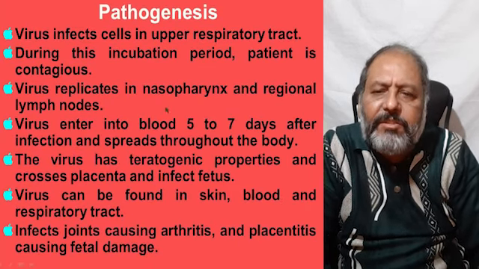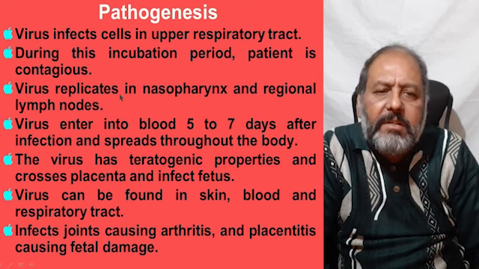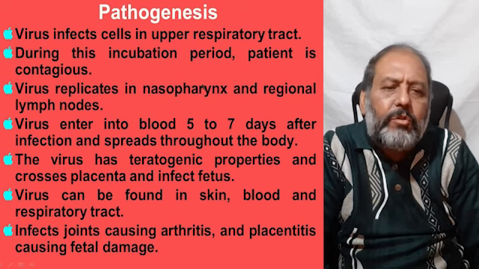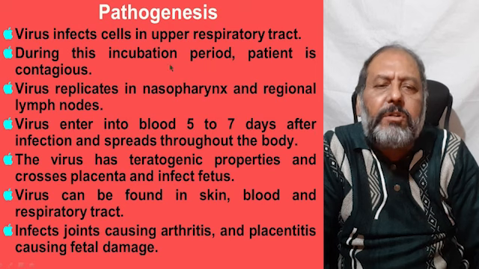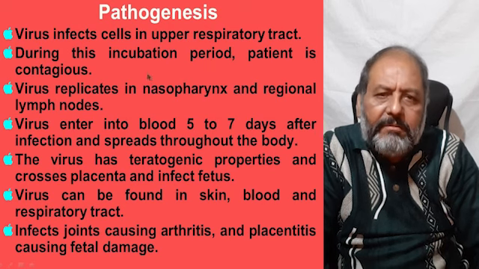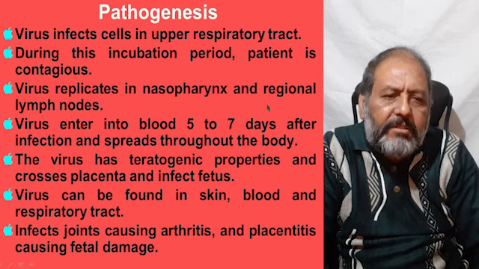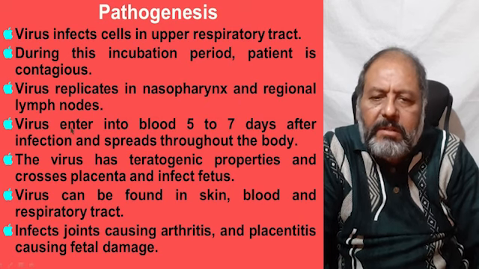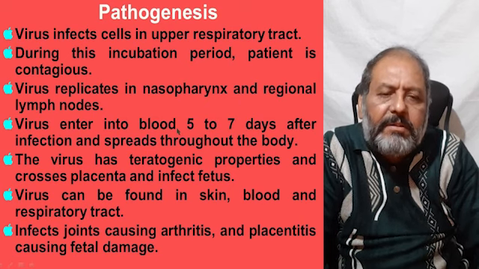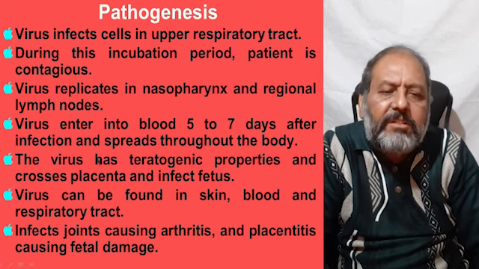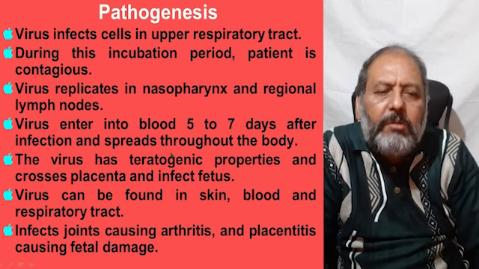Now, pathogenesis. The virus infects cells in the upper respiratory tract. During this incubation period, the patient is contagious and can spread the virus to others. The virus replicates in the nasopharynx and the regional lymph nodes. It enters the blood 5 to 7 days after infection and spreads throughout the body.